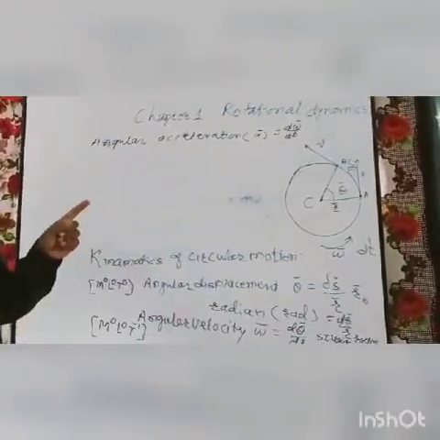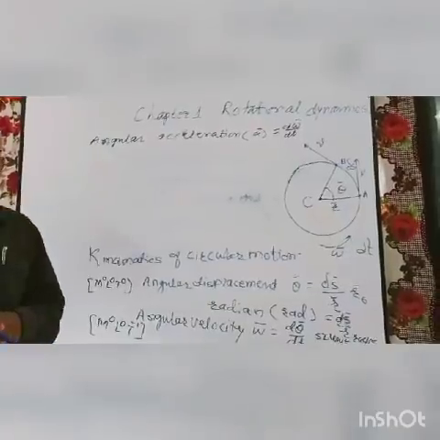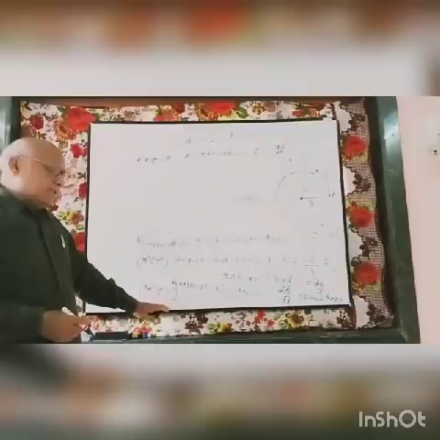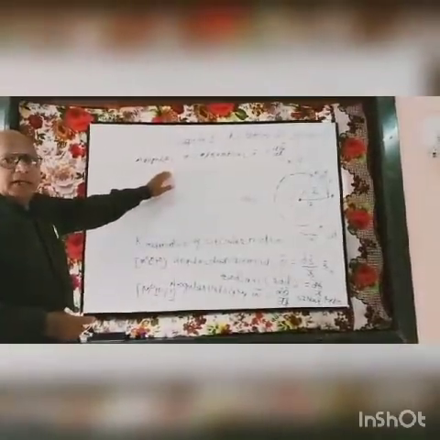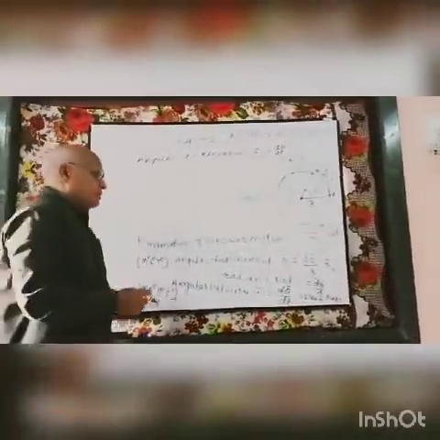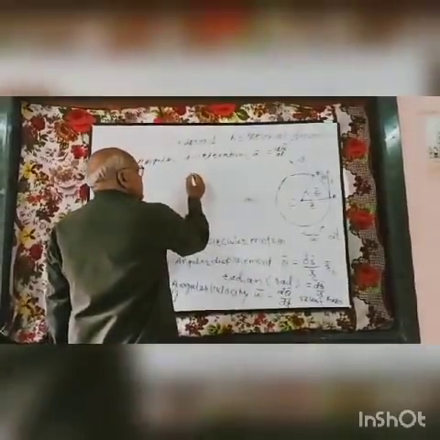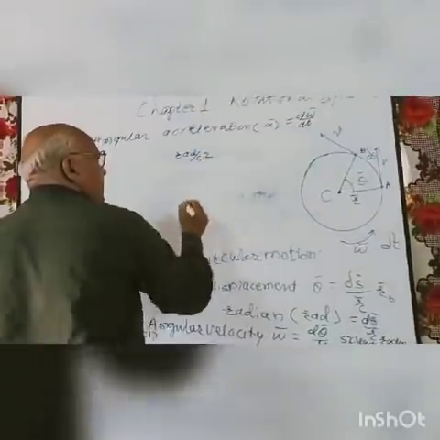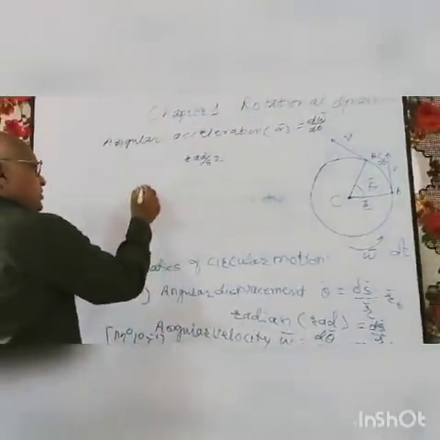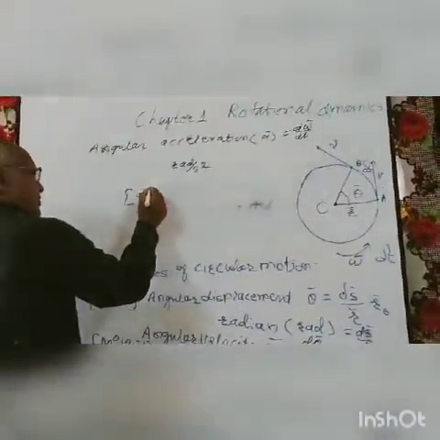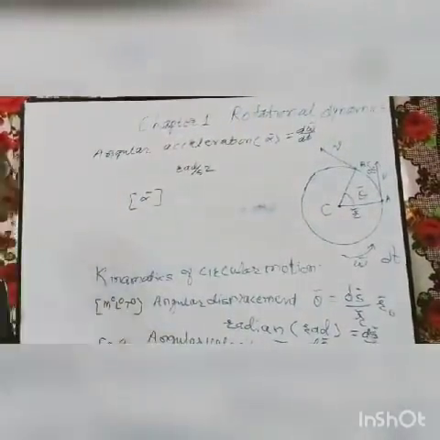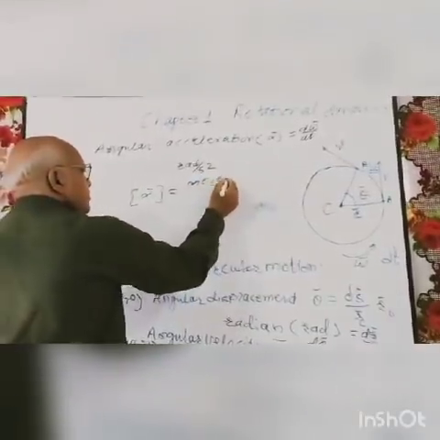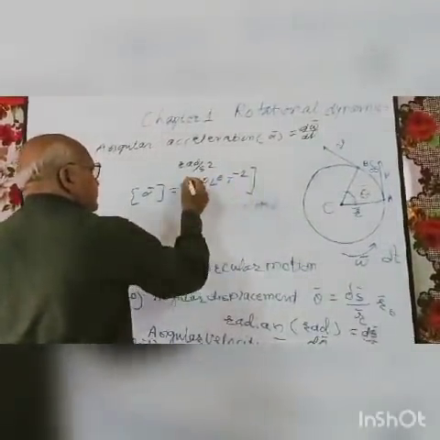When any object is performing circular motion along the circumference of the circle, it has angular displacement, angular velocity, and angular acceleration. Angular acceleration has SI unit radian per second square, and therefore its dimension, that of this alpha, is m0 l0 t minus 2.